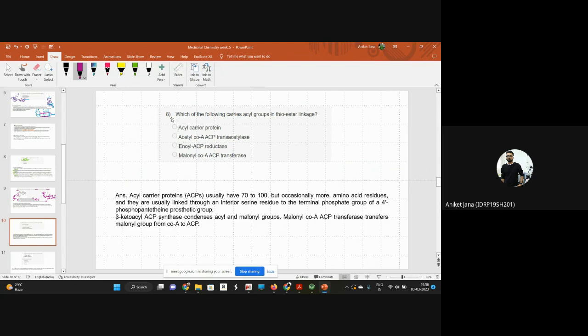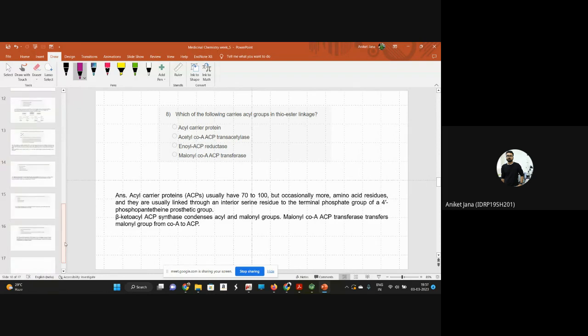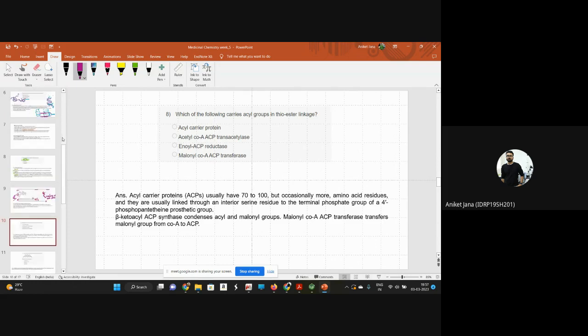Is this acyl carrier protein, or acetyl-CoA ACP trans-acetylase, or enoyl ACP reductase, or malonyl-CoA ACP transferase? Option A is correct, acyl carrier protein.